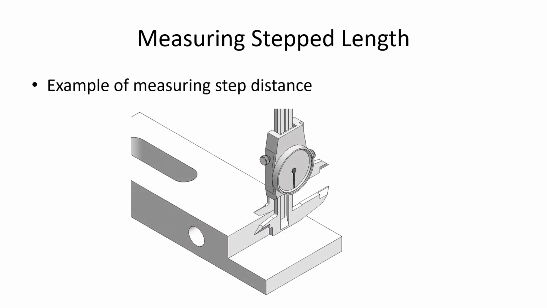So here you're measuring from this position on the dial caliper to this point back here, and you can measure the step length. Because how would you measure how tall this is?